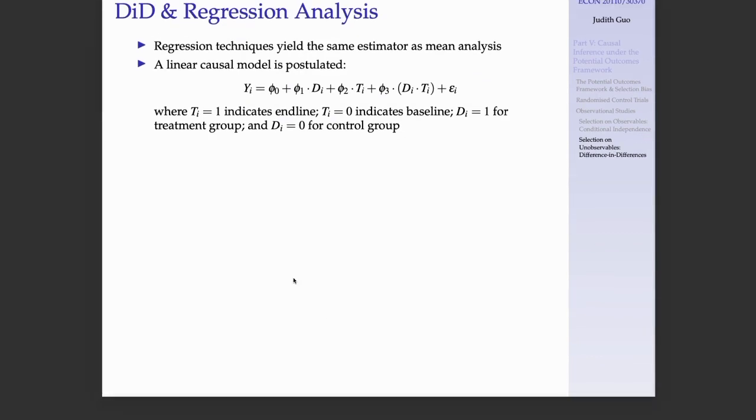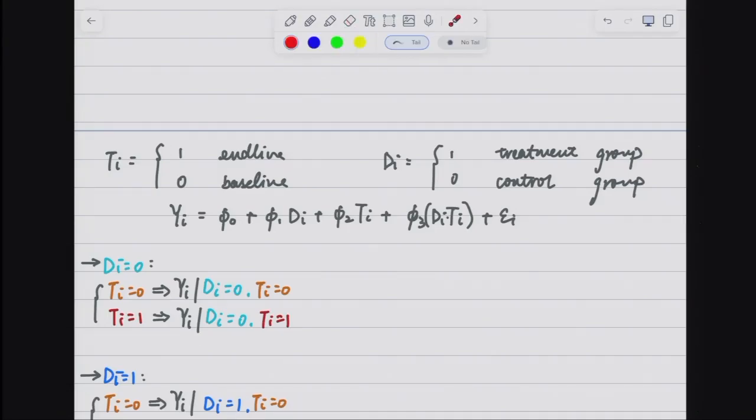Essentially, in the situation where we do have common trend, there's no need to control for other control variables. So if we postulate a linear causal model that takes this form, t is the time dummy, equal to 1 if we're at the end line and 0 if it's at the baseline.